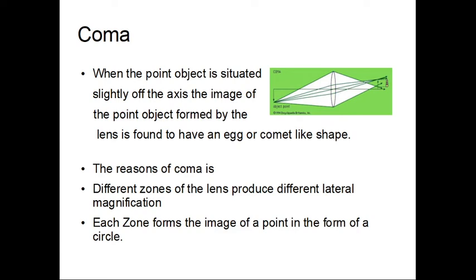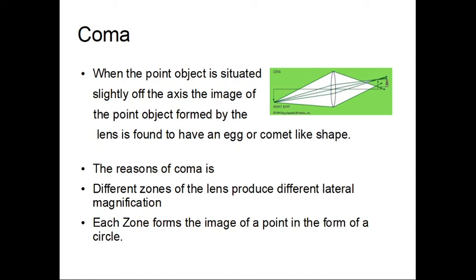So, what are the reasons for this coma? The reasons are mainly that different zones of the lens produce different lateral magnification. And the other reason is that each zone which forms the image at a point will form a circle.